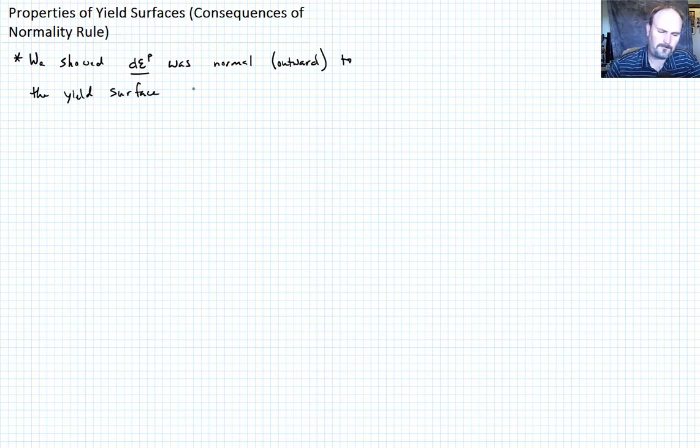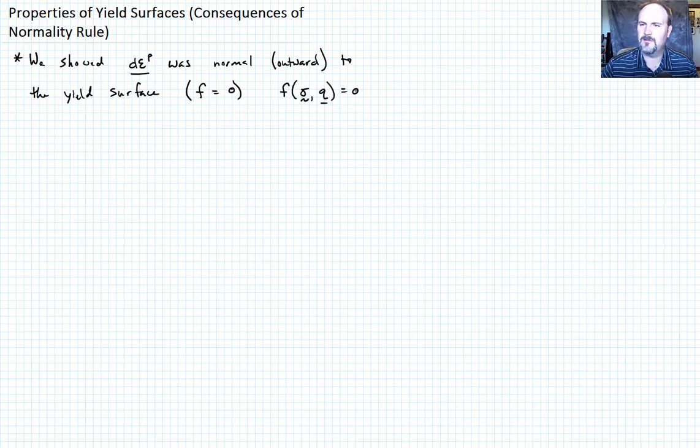The yield surface was defined as the level set, basically where the yield function is equal to 0. Maybe I could also write it, reminding you, that f is a function of sigma plus maybe some internal variables, equals 0. So don't forget that's our yield function.